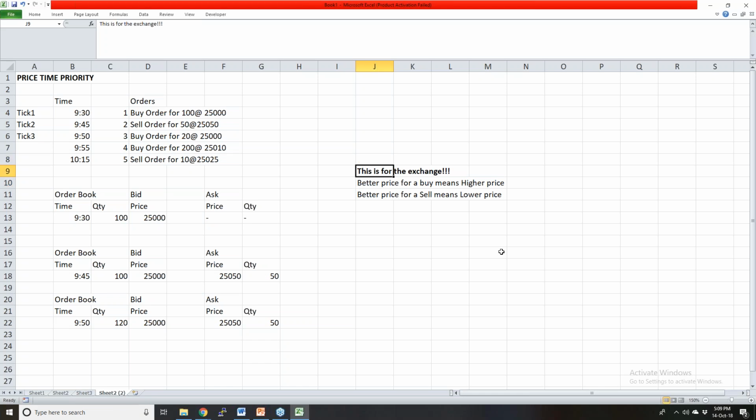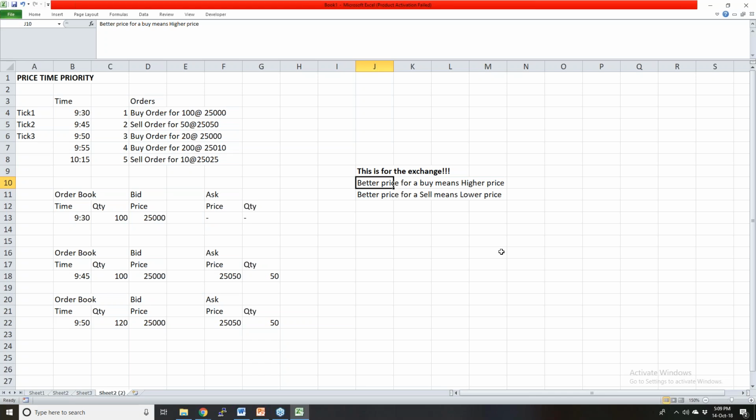Better price for the exchange, my friend. So with price time priority, your order will get traded first if you have a better price for a buy, and better price for a buy is if you have a higher price. This is not for profitability. Yes, for profitability, better price would be as low as possible, right?